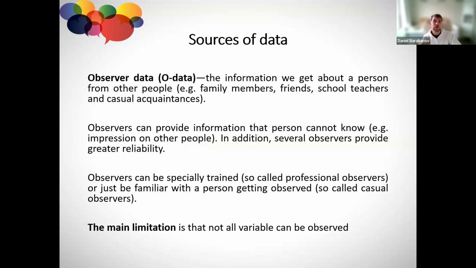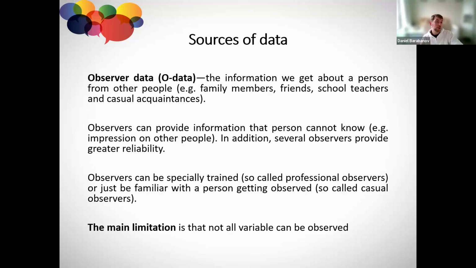So you can ask family members, friends, school teachers, and just co-workers, for example, about the person you're interested in. And they actually can tell you a lot of information that might be very different from self-reporting. Obviously, it happens because how we view ourselves and how other people perceive us often do not coincide.